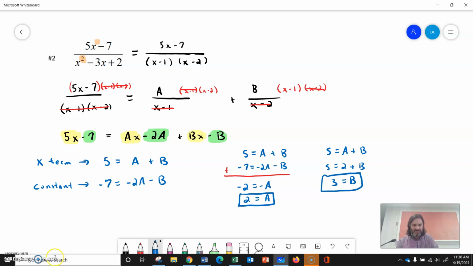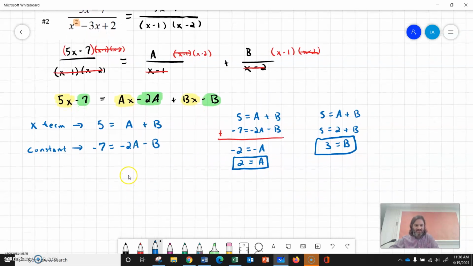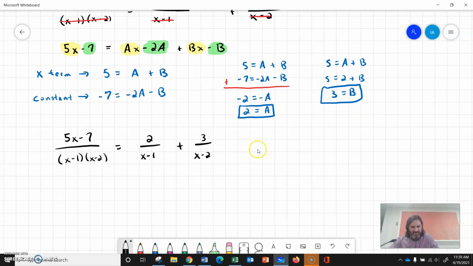So I can go back to my partial fraction setup and say that what I've learned is that this partial fraction I started with, which I broke down into 5x minus 7 over x minus 1 times x minus 2, is equal to a, which is 2, I'm coming up here, 2 over x minus 1, plus b, which is 3 over x minus 2. So there I've broken it apart.